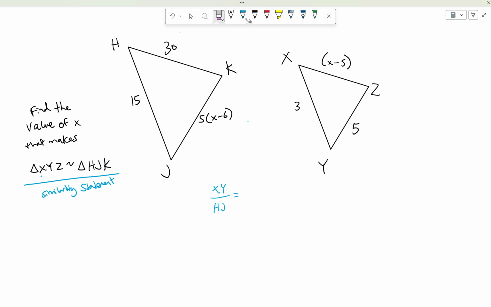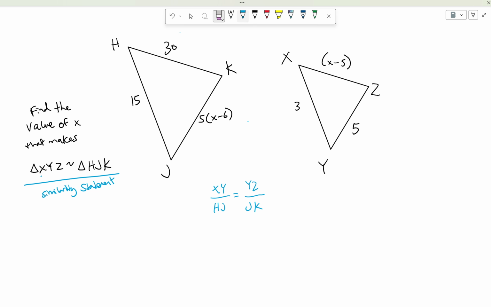Okay. And that's got to go down here with HJ, corresponds to that triangle. So JK second and third is going to go with YZ second and third. Okay. So now we have left triangle, okay? And we have right triangle, and we are good to go.